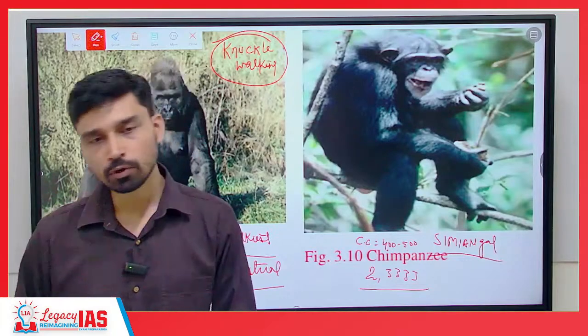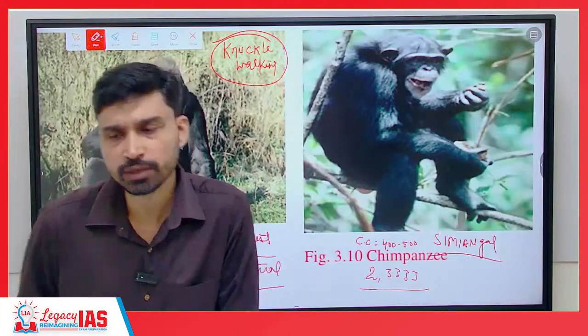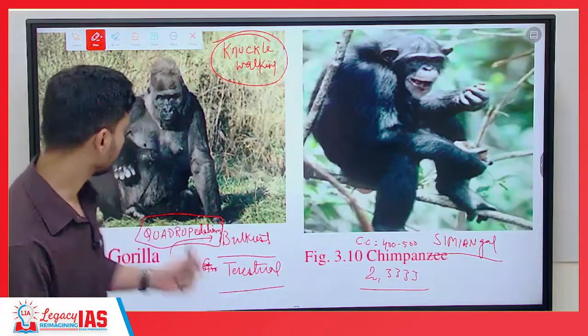Where is the forest in Africa? In the central part of Africa. Congo is there, Uganda is there, all these regions are there.